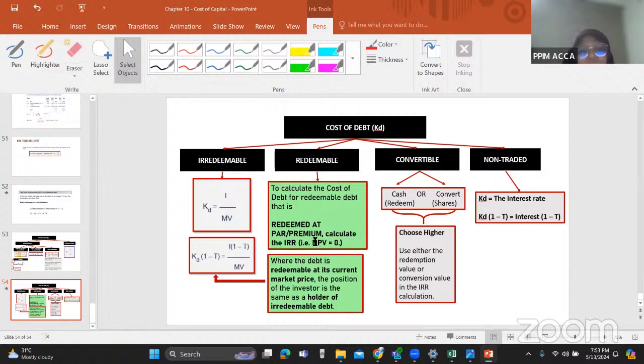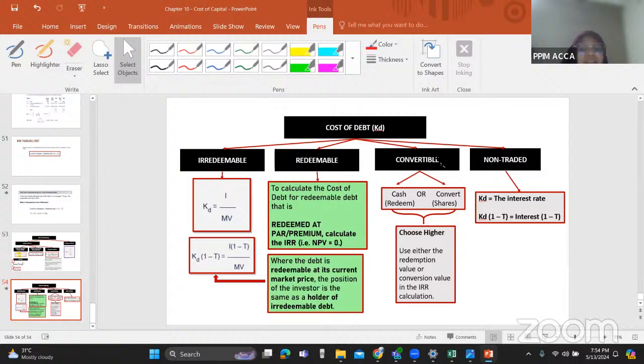If I'm redeeming it at $100 per bond, commercial paper or debenture, or at a rate more than that, at a premium, then to get the cost of debt I have to do an equation similar to an IRR, which we will do today. But suppose we are redeeming it at the market price, then the position is the same as irredeemable debt. In that case, we will use these two equations to calculate the cost of debt.